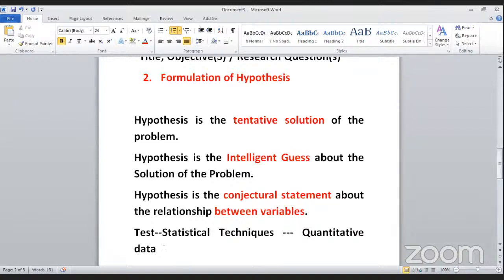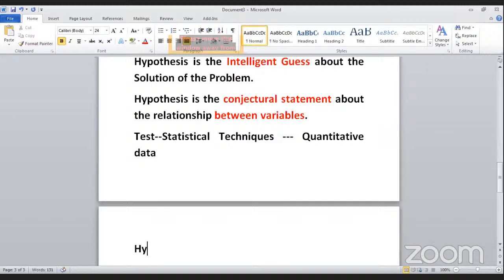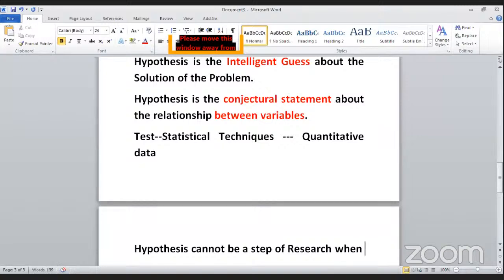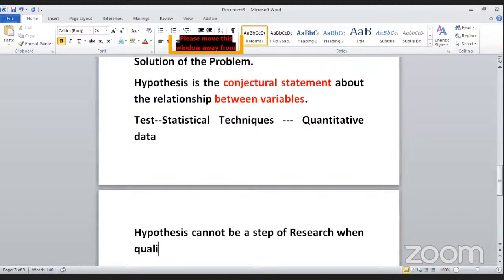But if you have qualitative data which cannot be converted into quantitative, then you cannot have a hypothesis. So that means hypothesis cannot be a step of research when qualitative data are collected.